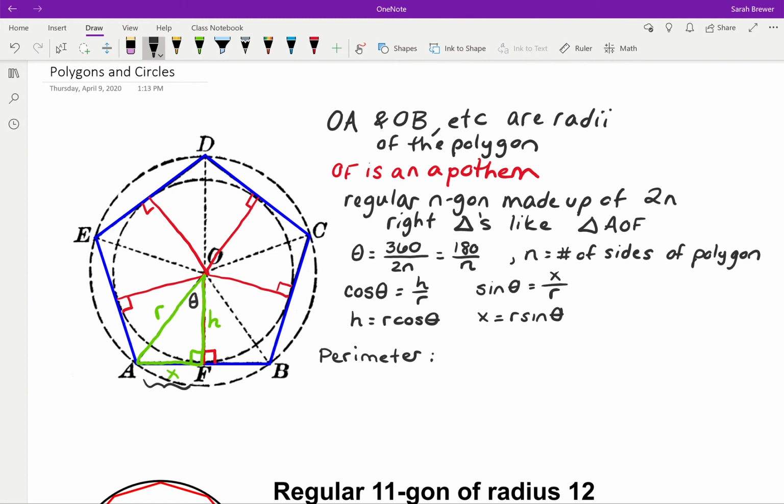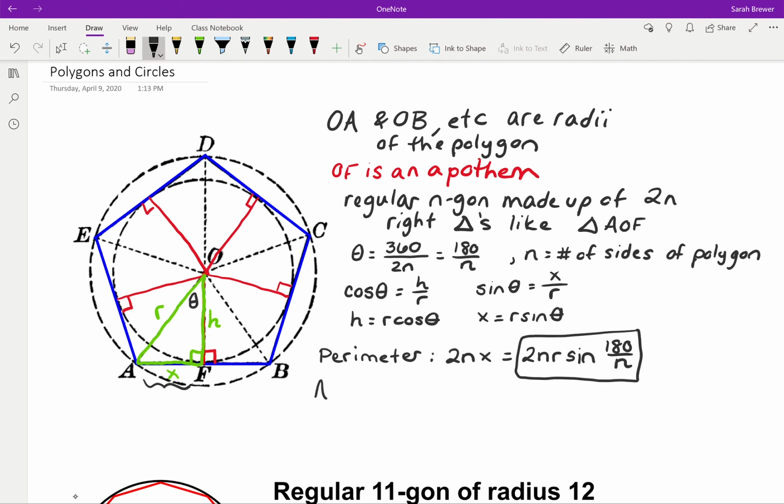So in general, for an N-gon, I'm going to need 2 for each side, n sides, so 2n of them. So I'm going to multiply x by 2n, so that's going to give me 2nr sine of theta, but theta is 180 over n. So 2nr sine of 180 over n gives us the perimeter of our regular N-gon.